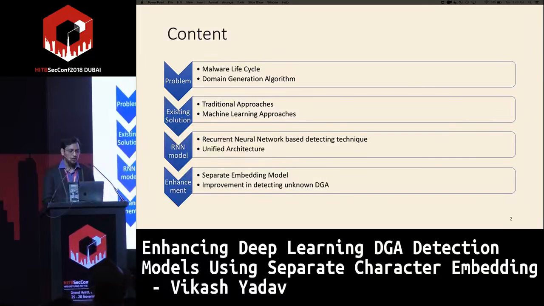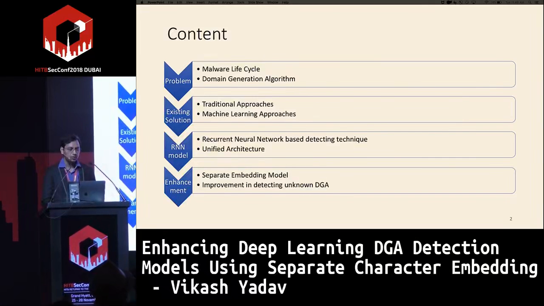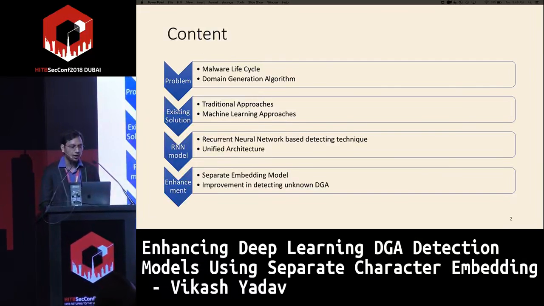Then one of the most popular machine learning approaches to tackle this problem is the recurrent neural network, and we are going to talk in depth about that technique, how it works, and what the advantages and disadvantages are. And in the last section, we are going to discuss some of the enhancements that we are making to improve the accuracy of detecting unknown DGAs. So with that, let's start with the first section.